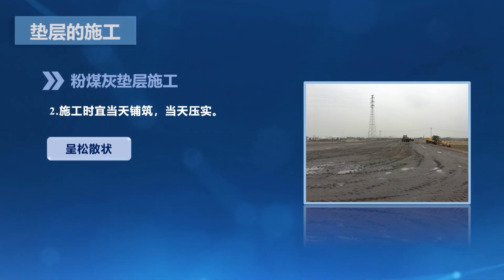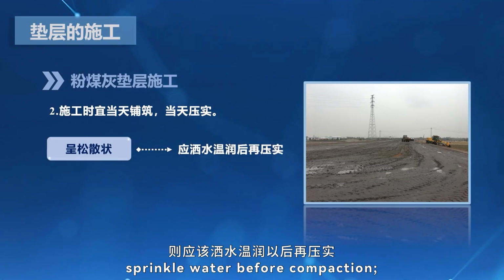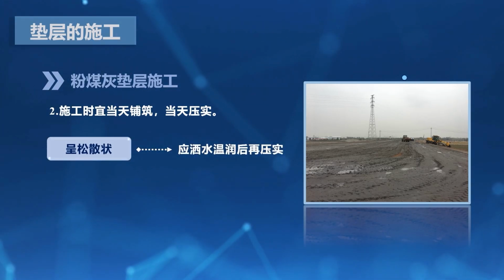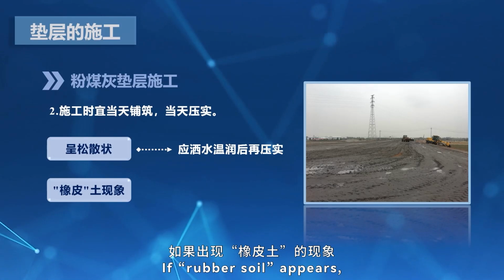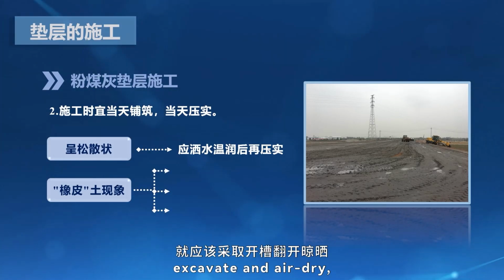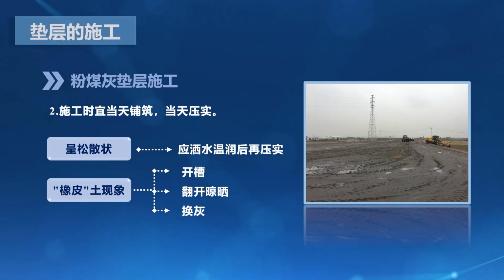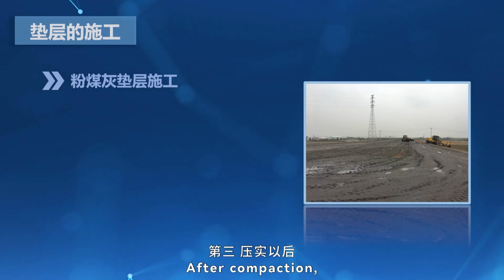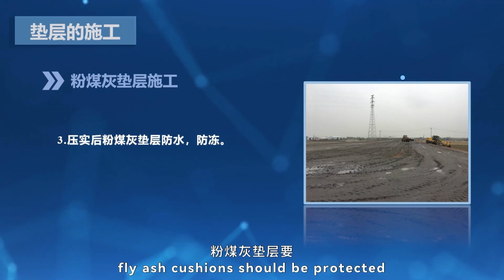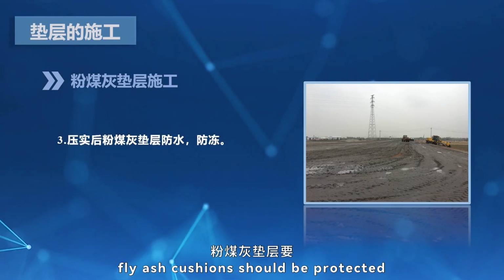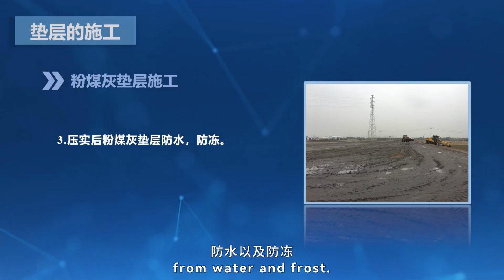If loose, sprinkle water before compaction. If rubber soil appears, excavate and air dry, or replace with lime soil. After compaction, fly ash cushions should be protected from water and frost.